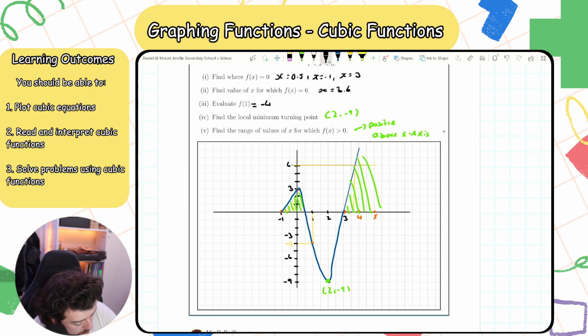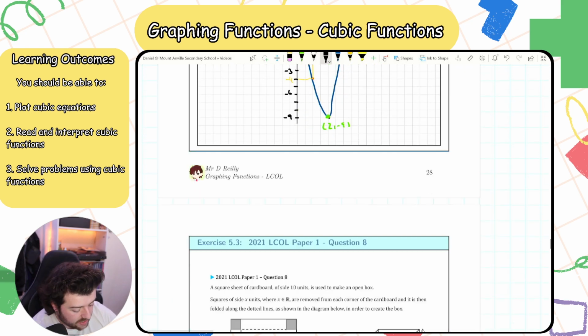So between minus 1 and 0.5, and when x is greater than 3. Right, so when x is between minus 1 and 0.5, it's positive, and then when x is greater than 3, that is when it is greater than 0.